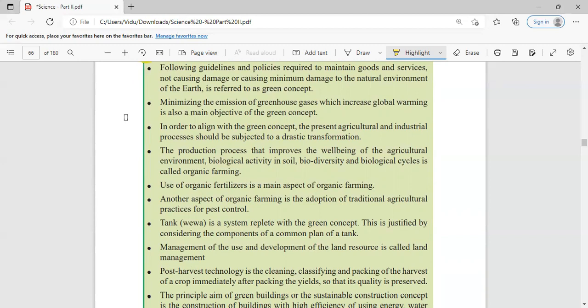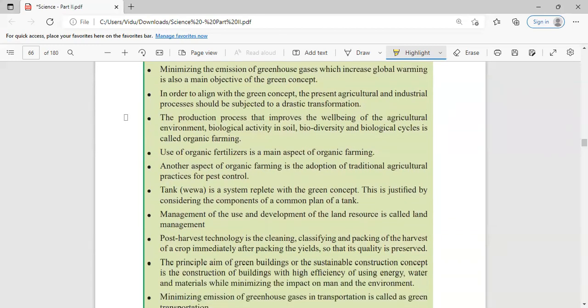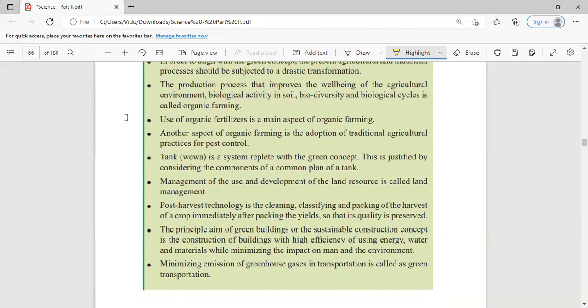Minimizing the emission of greenhouse gases, which really increase global warming, is also a main objective of green concept. In order to align with the green concept, the present agricultural and industrial processes should be subjected to drastic transformation.